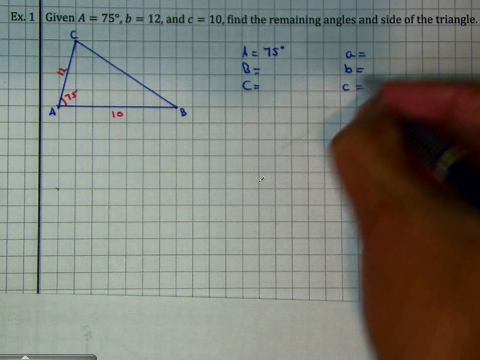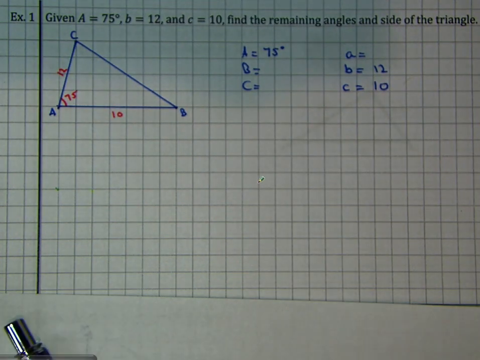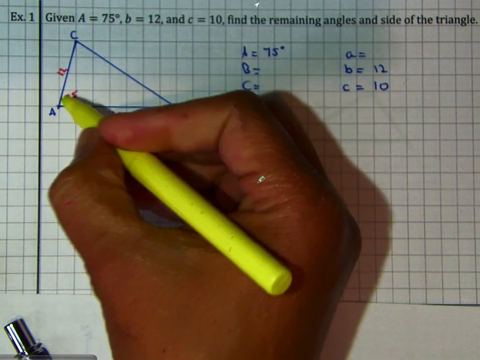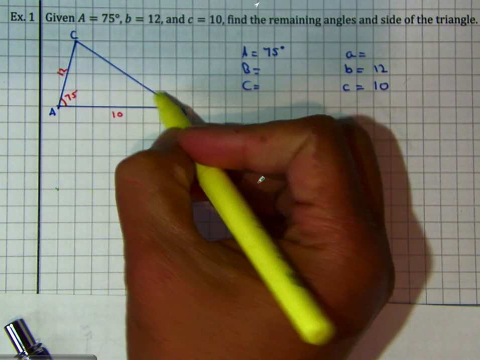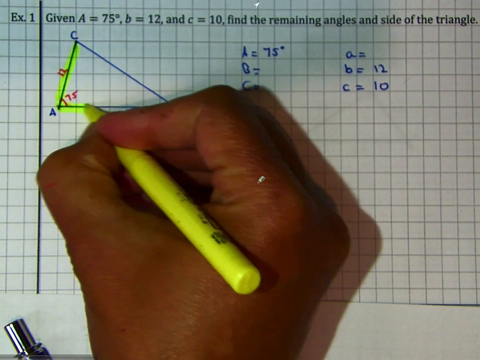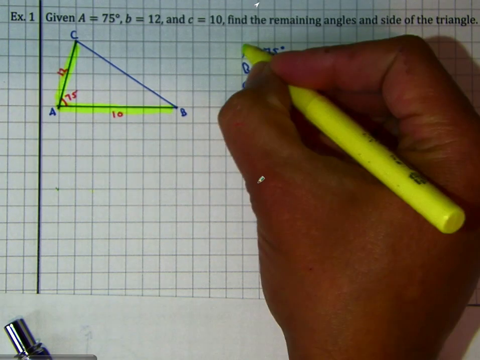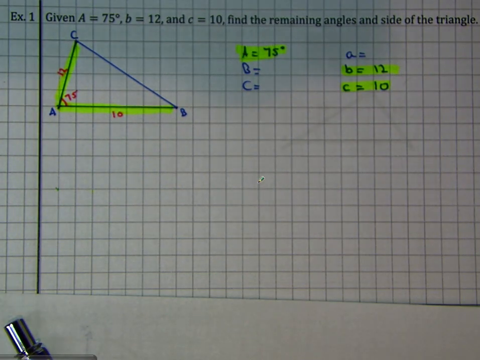We know that B is 12 units and C is 10 units. For the law of sines, you need an angle and an opposite side. For the law of cosines, you need two sides and the angle in between. So you need two sides and the angle in between when you are going to use the law of cosines.